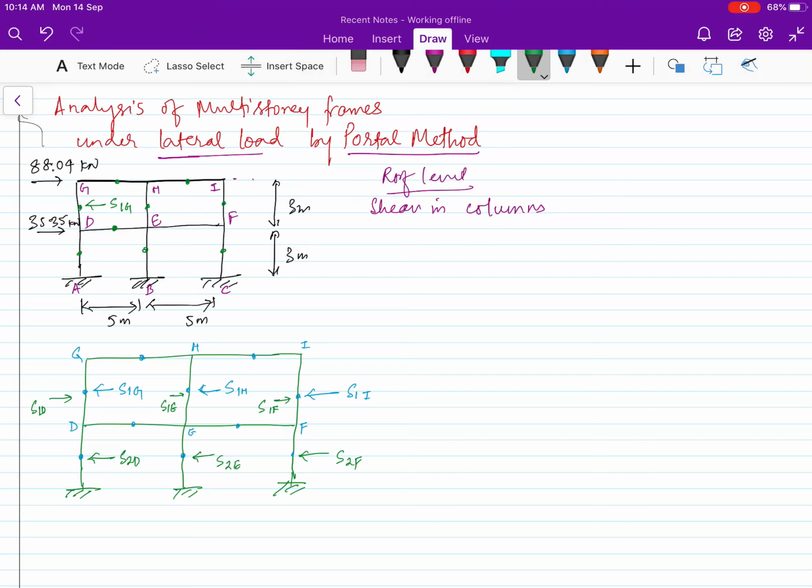For the beam shear, let me take V for shear: for the beam DE, this is for EF, this is for VGH and this is VHI.